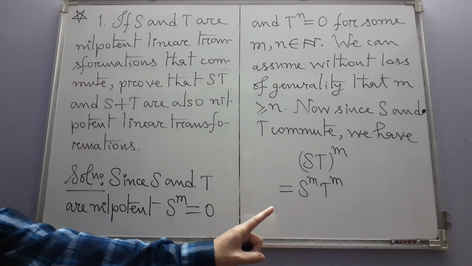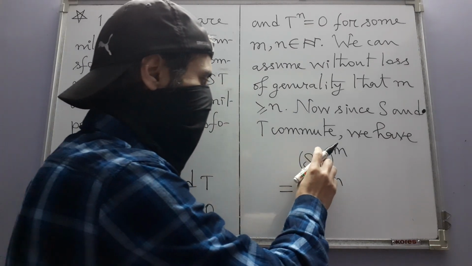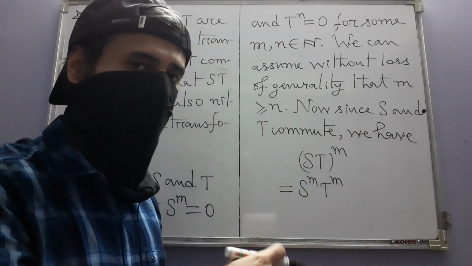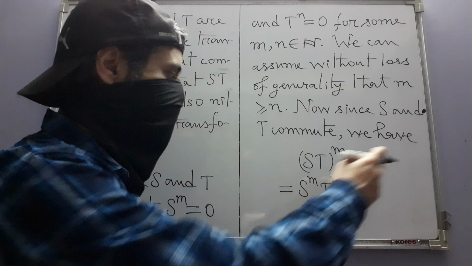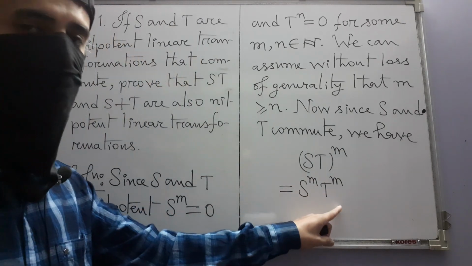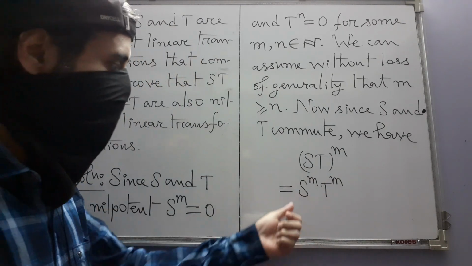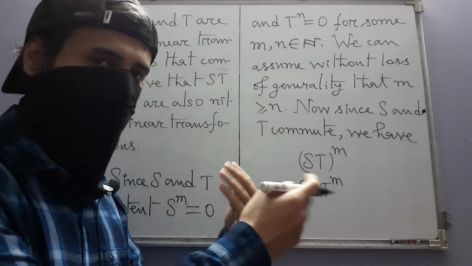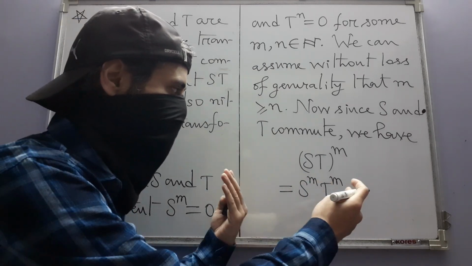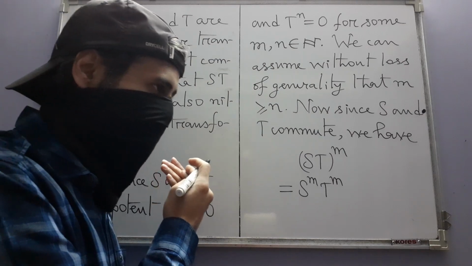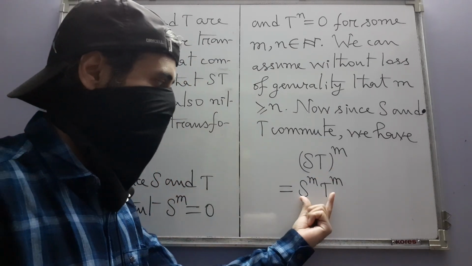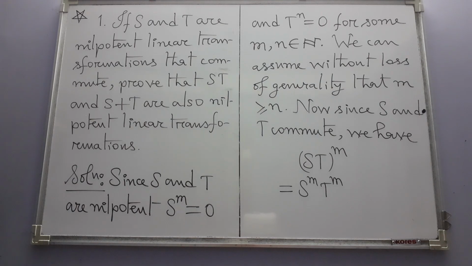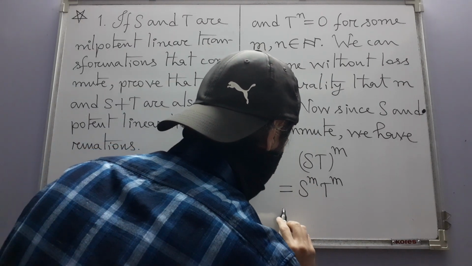In general, this is not possible. In general, ST to the power m means ST times ST times ST, m copies of ST get multiplied, and that's not necessarily this, but because they commute, ultimately you can bring, using the commutativity property, all the S's together and all the T's together, and that's how you get S to the power m times T to the power n.